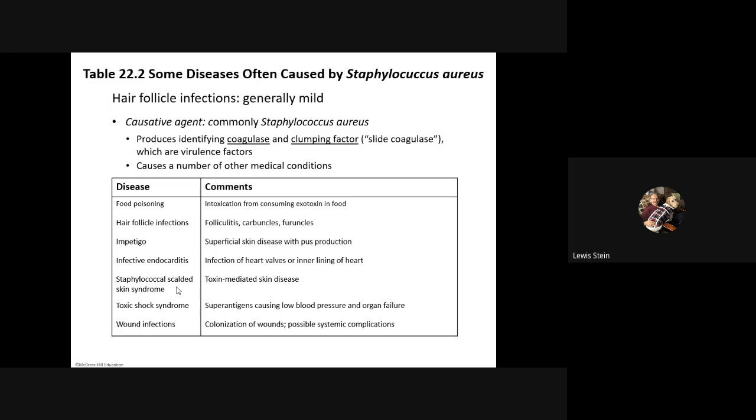It looks like almost second-degree burns over the whole body. Sandpaper rough, extraordinarily painful, and the real problems are fluid and electrolyte loss, which it is anytime the outer layers of your skin shed, just like in a second-degree burn. That's caused by staphylococcal scalded skin syndrome.